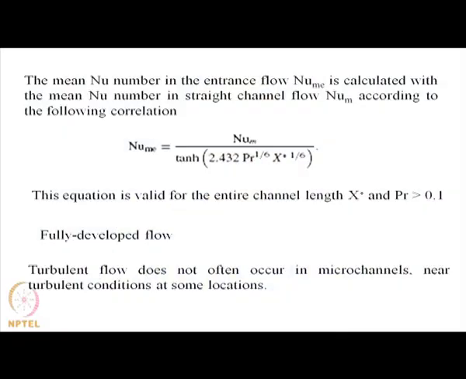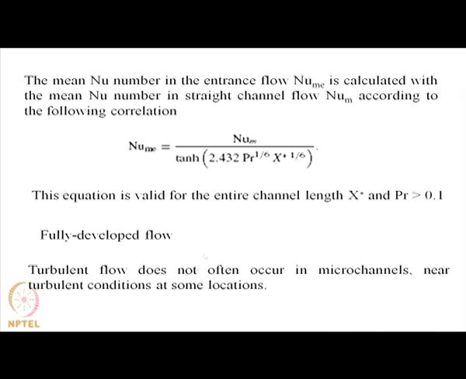So we have these equations which tell us the Nusselt number. The Nusselt number for developing flow in a straight channel has certain correlations available. Here is the Prandtl number and this is the dimensionless length, and the equation is valid for the entire channel length x star and for Prandtl number greater than 0.1.